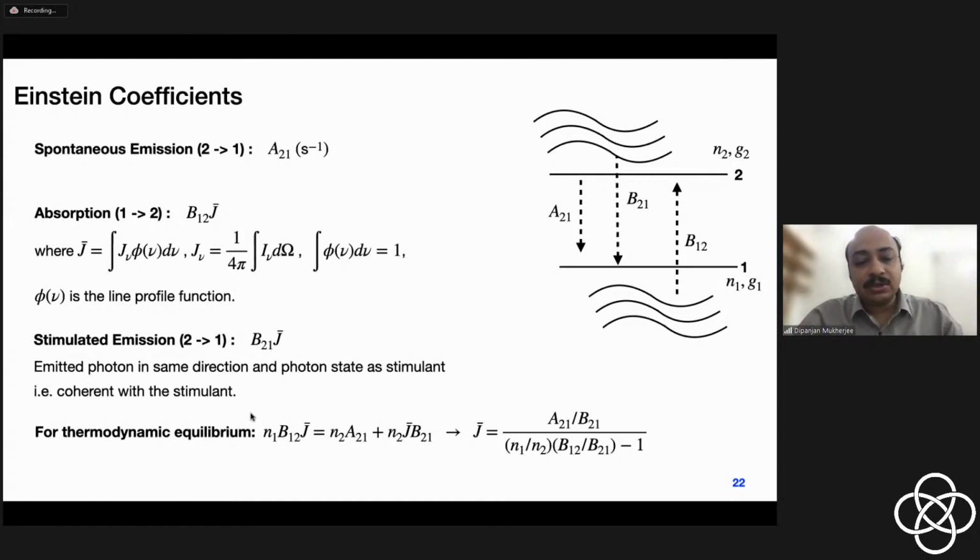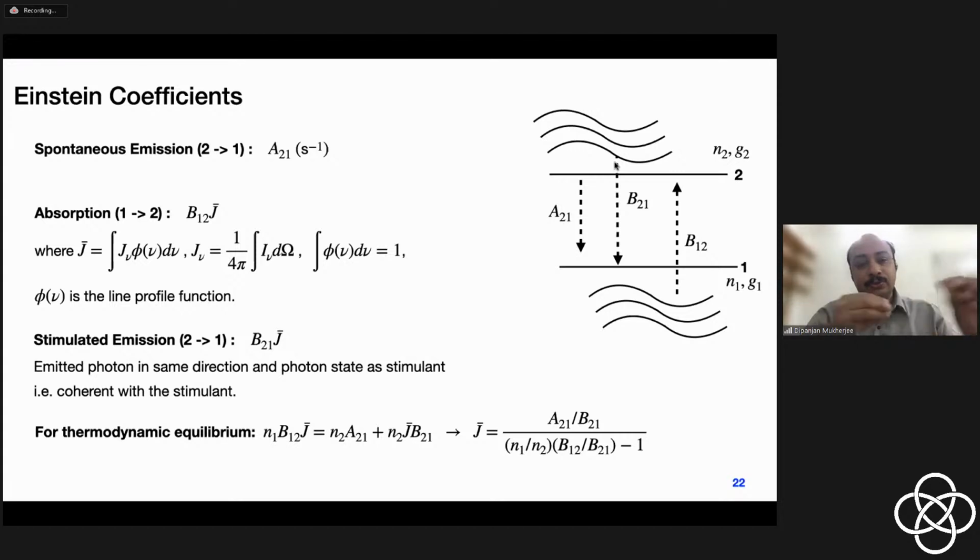It is the stimulated emission. So stimulated emission is B21 J bar. So suppose the system has been excited by some means to level 2. It could be a photon-related excitation. For example, the incident photon comes and interacts with the system at state 1, puts it to state 2, or it could be collisionally excited.